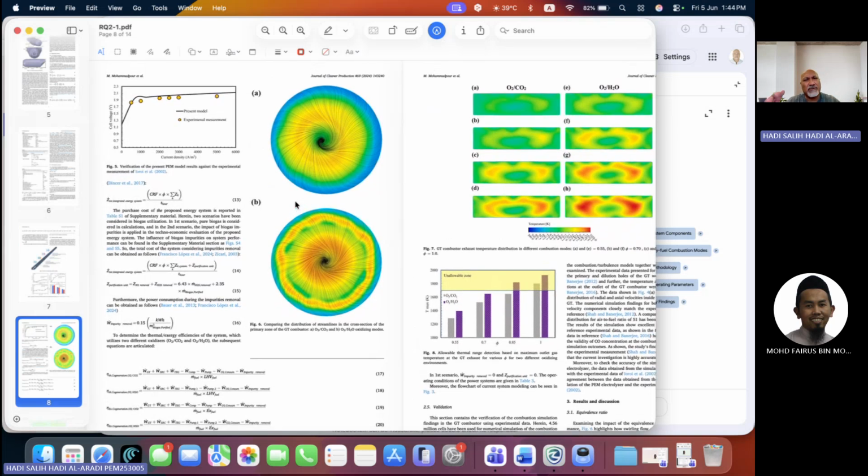And they made a thermodynamic or thermal analysis to check whether the material of the combustion chamber will melt or not.